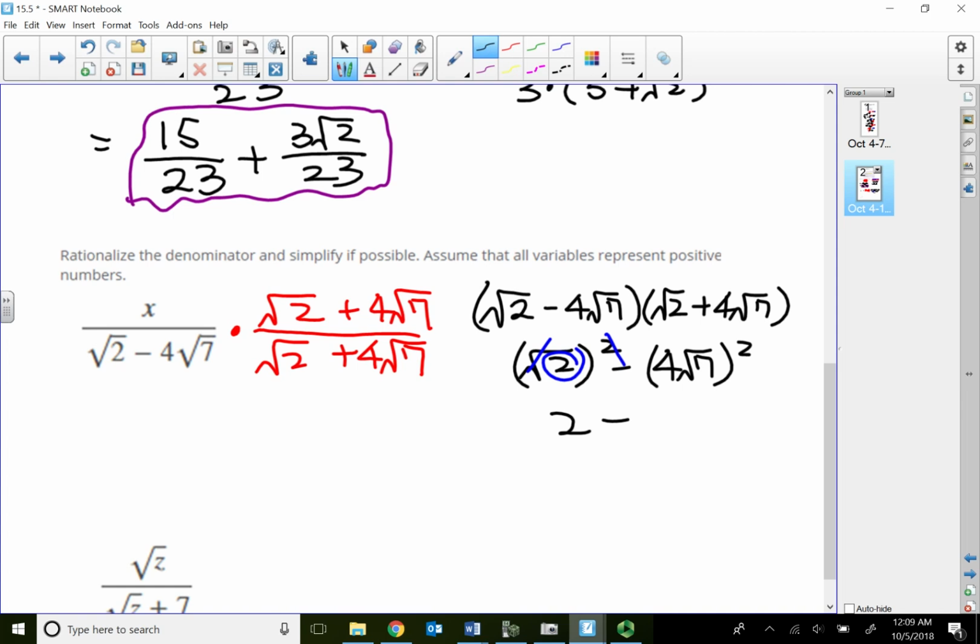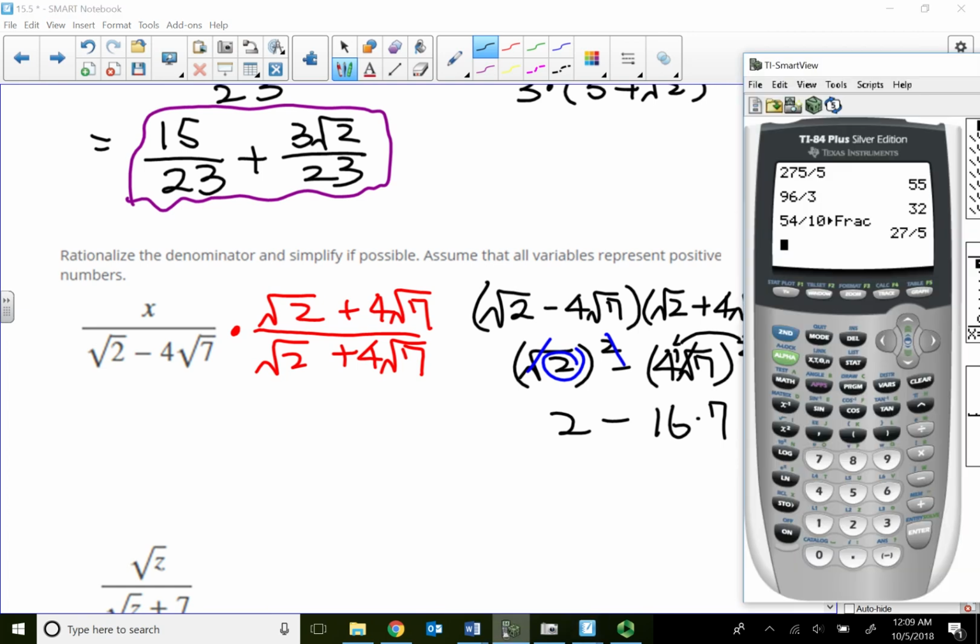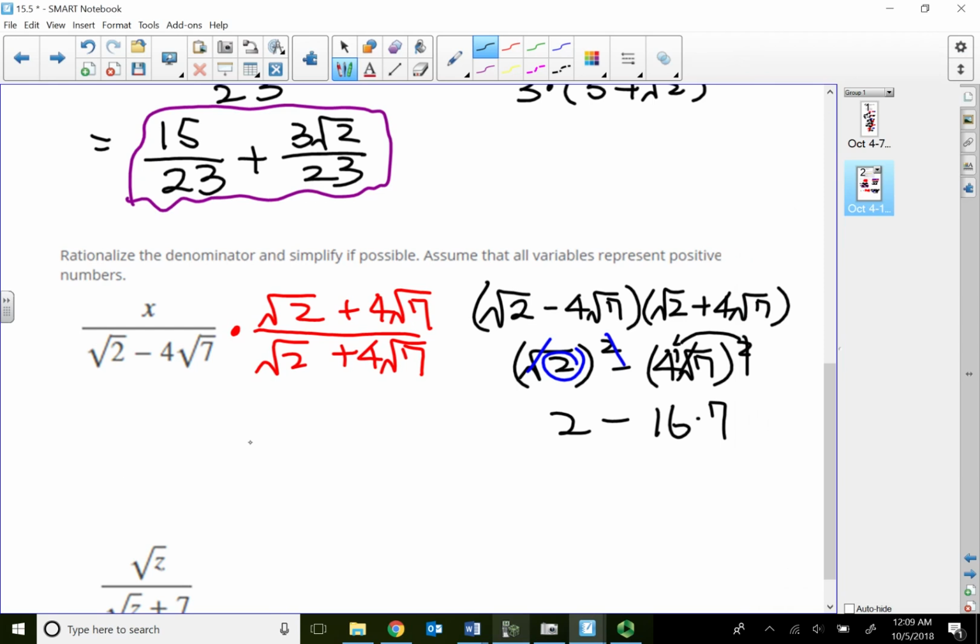minus, be careful here, power rule. The exponent on the 4 is 1, so this is really 4 squared, which is 16. Square and square root cancel out for the radical, that would just be 7. So this is really 2 minus 16 times 7, which is negative 110. So my whole denominator becomes negative 110.